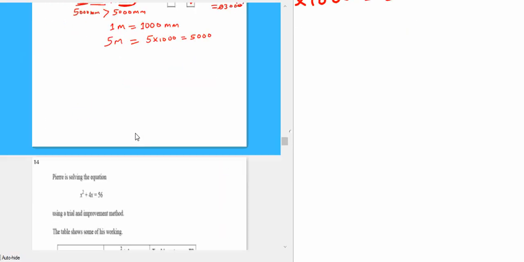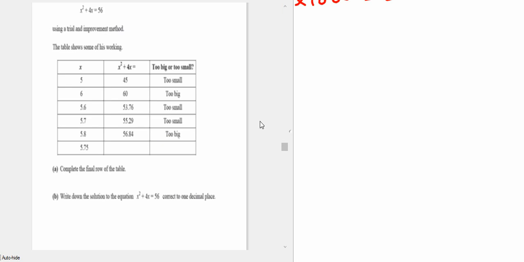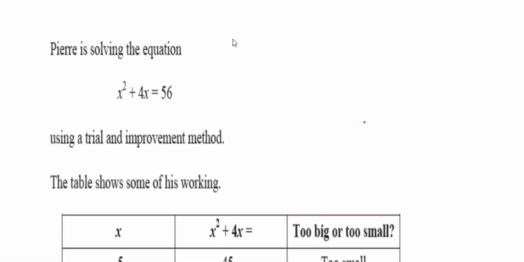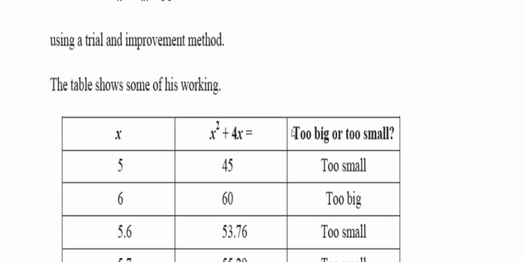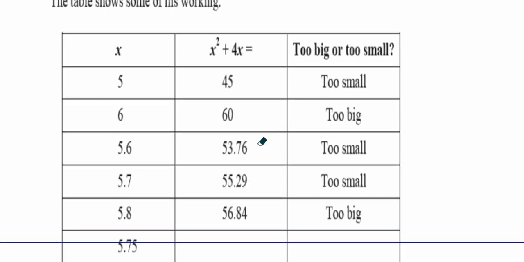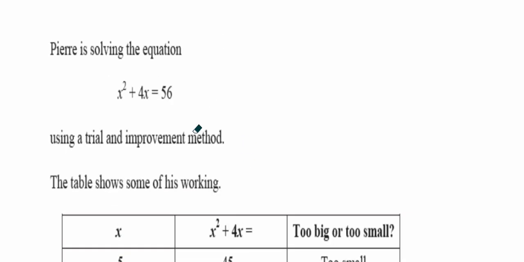Well and good. Let's go to this question here. This is why I call them mixed questions, because it is talking about inequalities and, at the same time, trial and improvement.